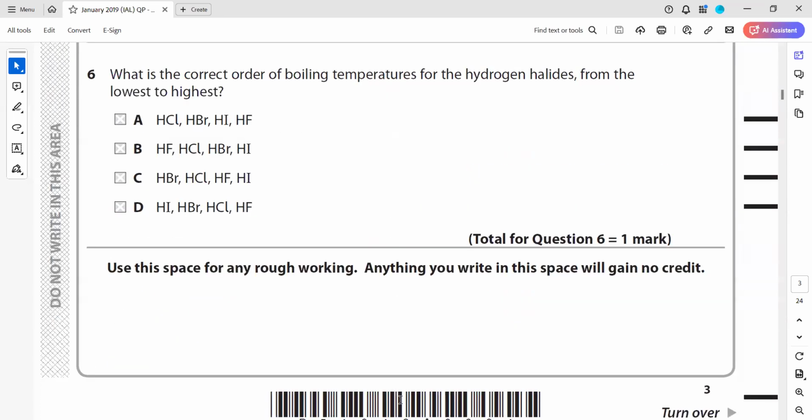What is the correct order of boiling temperature of the hydrogen halides? Hydrogen fluoride will have hydrogen bonding, so it is greater. Then we have HCl, then HBr, and then HI.